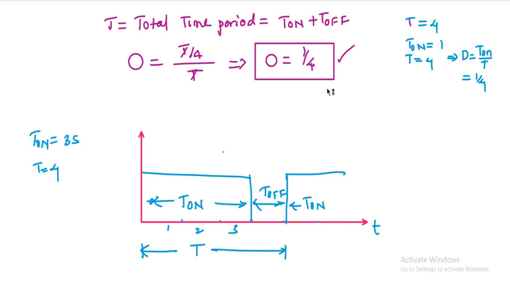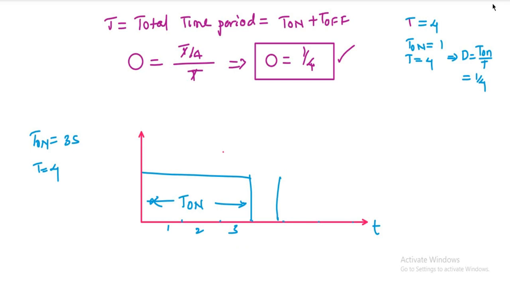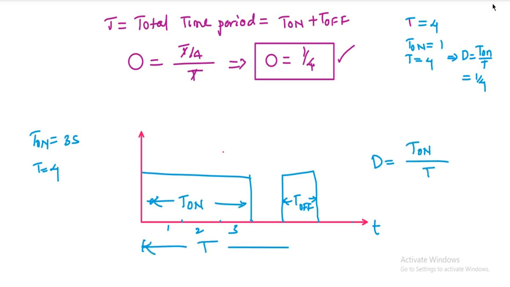Now if we want to find the duty ratio for this cycle here, so this is your turn off period of the switch. We are talking about the turn on and turn off periods of our switches in our buck and boost converter. Here the duty ratio we can find is T on by total time period, T on plus T off.